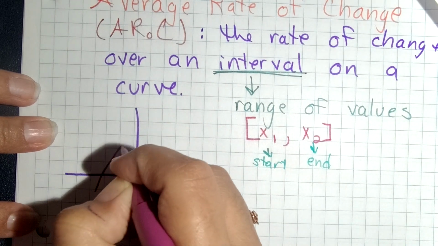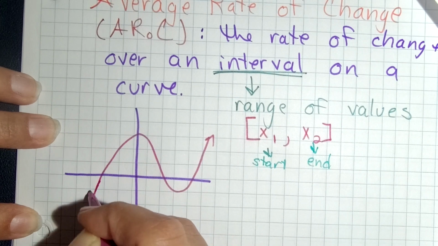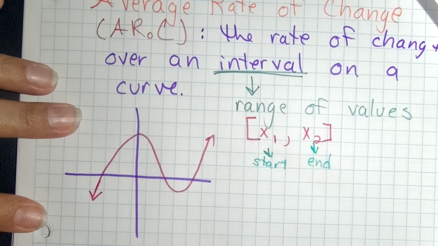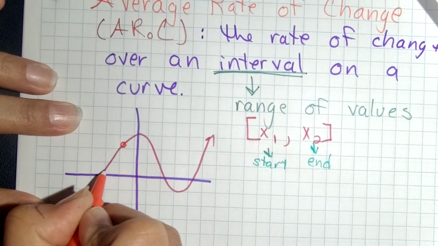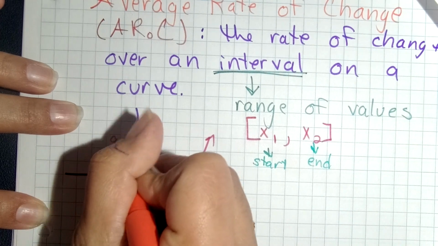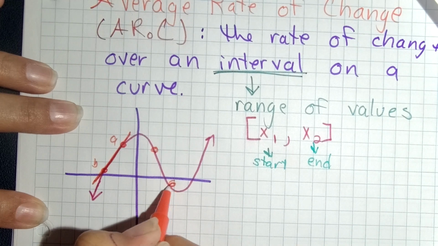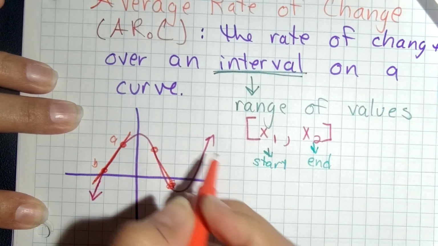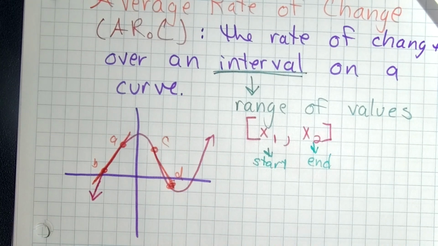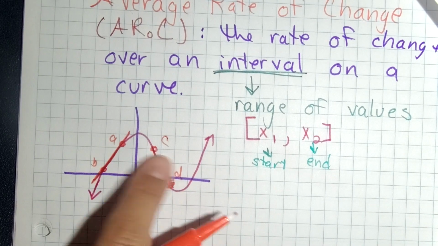Let's say I have this graph. It's not perfect, whatever, it is what it is. The reason we have average rate of change is because the slope, or the rate of change, between these points will not be the same between these points. That is why we have average rate of change, because there will be times when we need to evaluate both of these things.